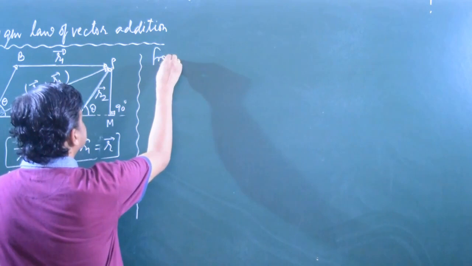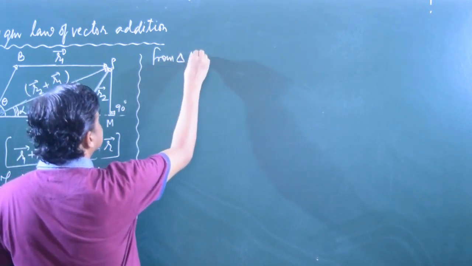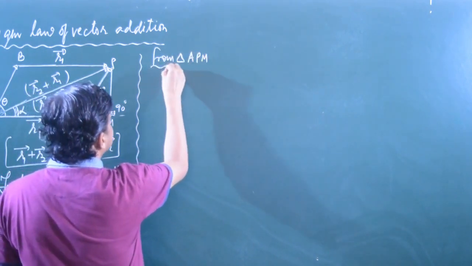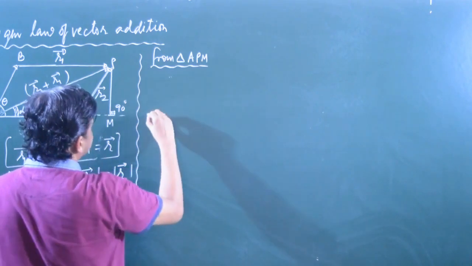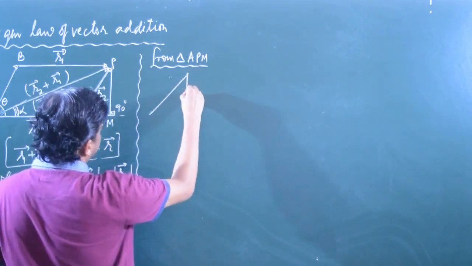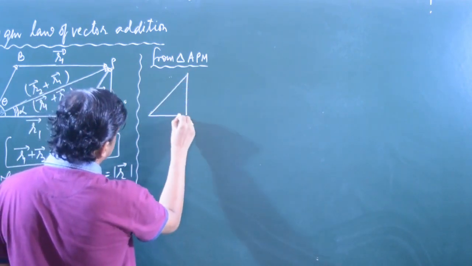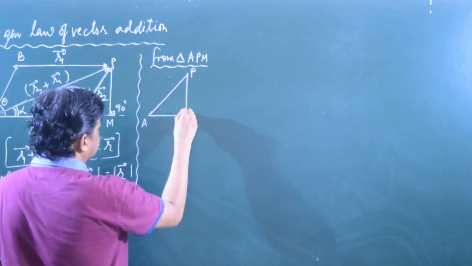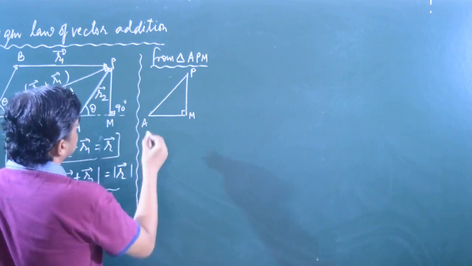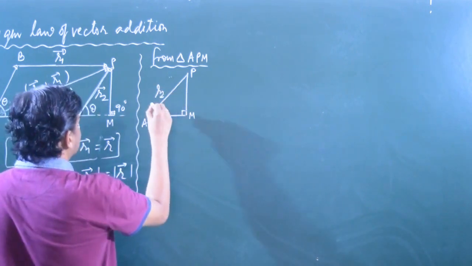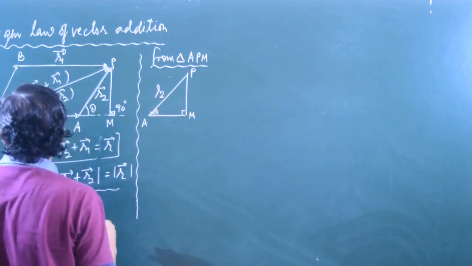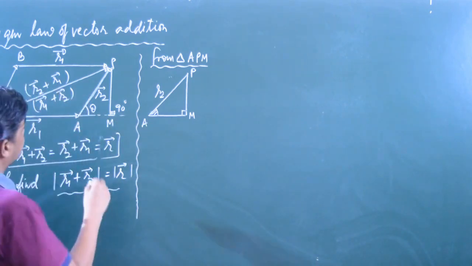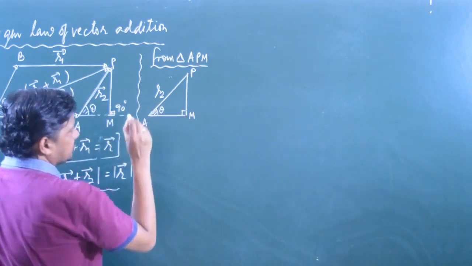From triangle APM, this one is a right angle triangle, APM. It is A, it is P, and it is M. This angle is 90. This vector was R2, and this angle is theta.